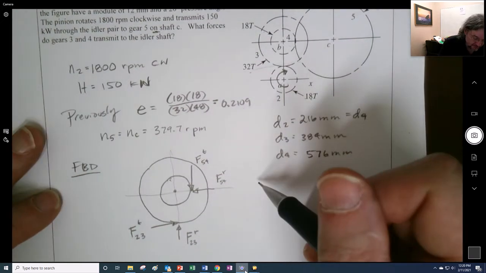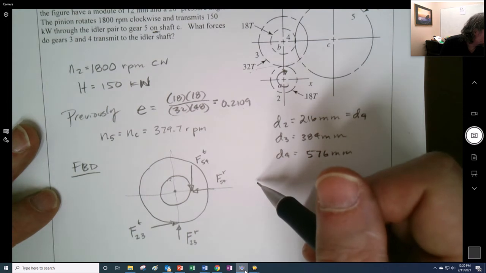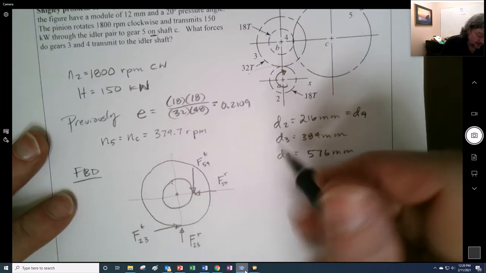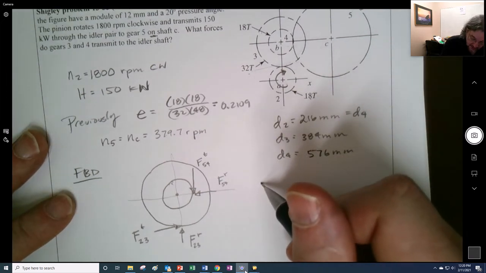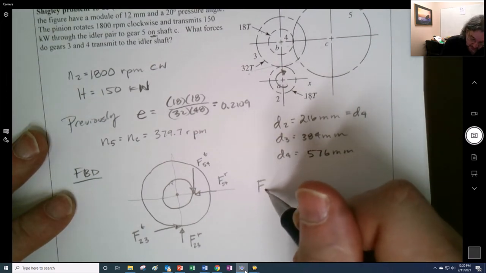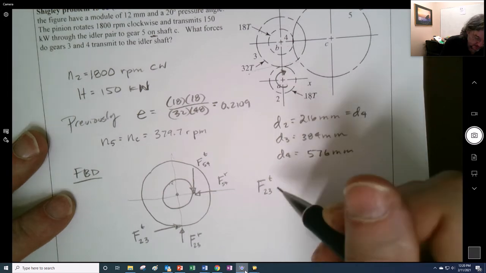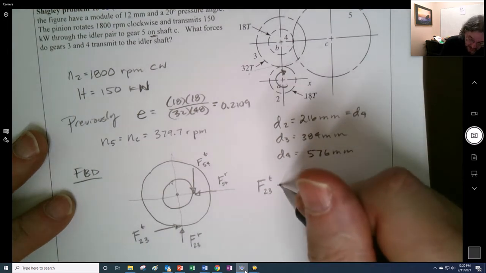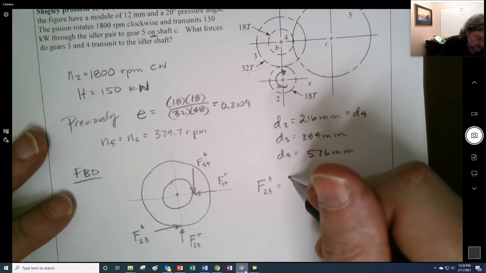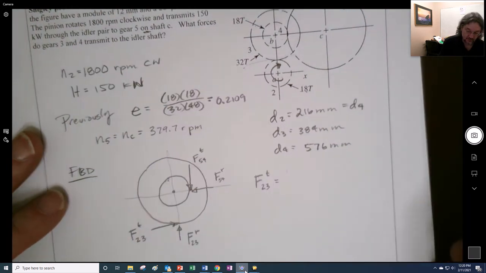So let's figure out what that force has to be on 2, 3. The force of 2 on 3 in the tangential direction is going to be equal to the same thing that we found. Let's see, which equation are we using?